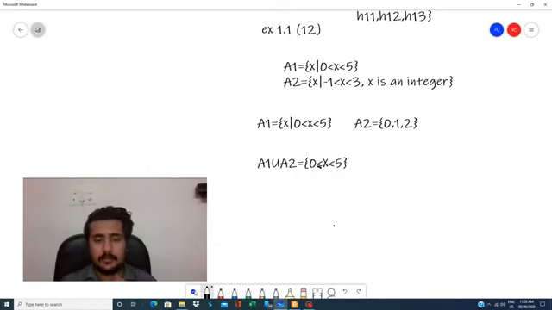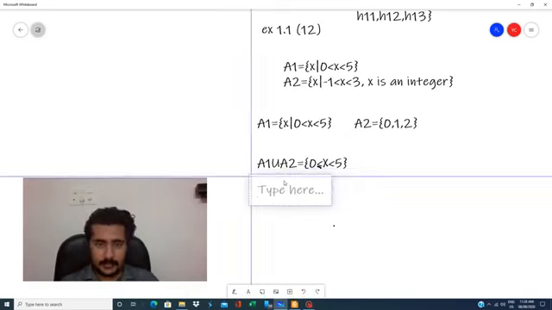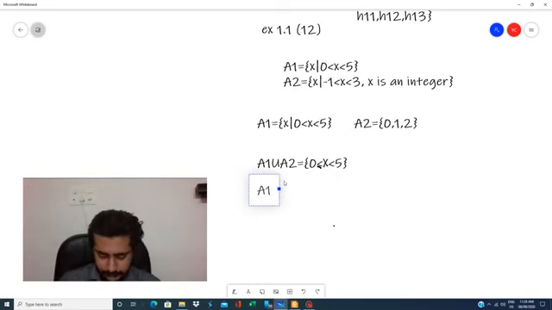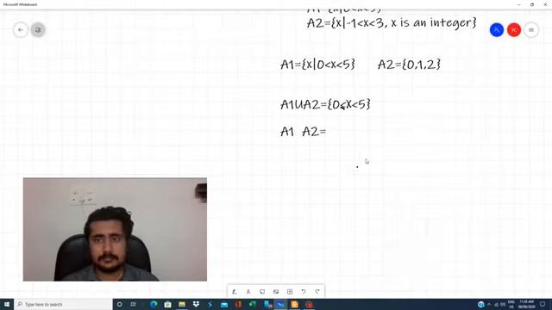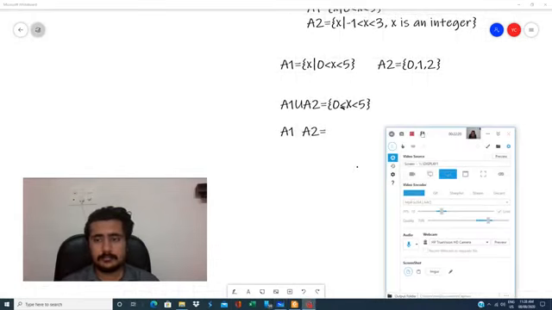Now A1 intersection A2. What is A1 intersection A2? Yes.